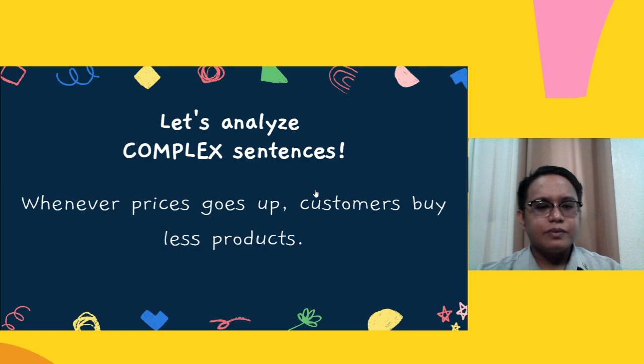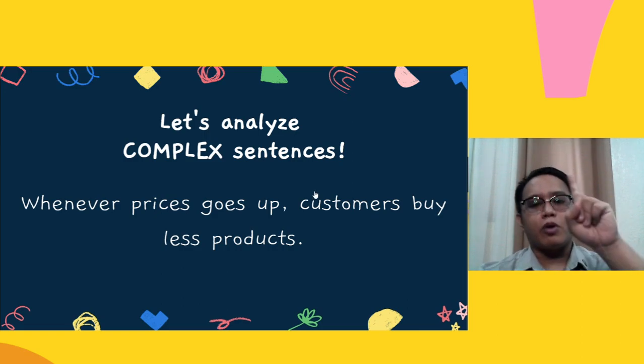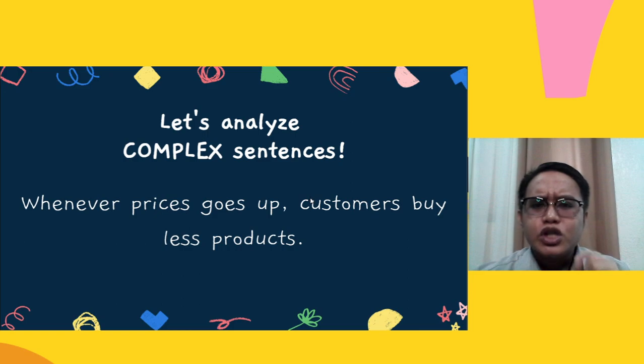Okay? Whenever prices goes up, customers buy less products. So let's go first to step number 1. Do we have a prepositional phrase here? Or do we have a preposition here? Wala, di ba?